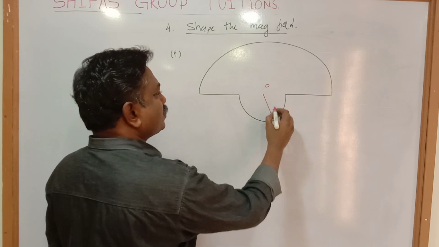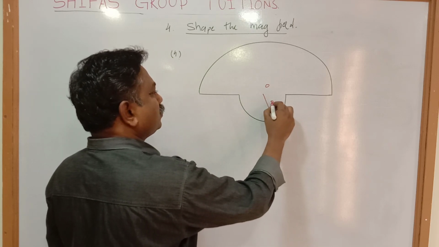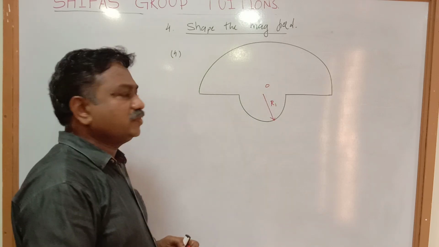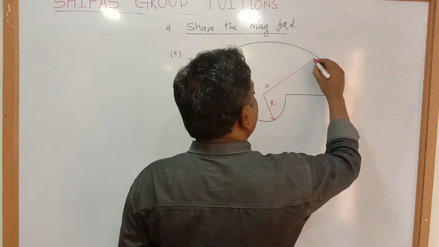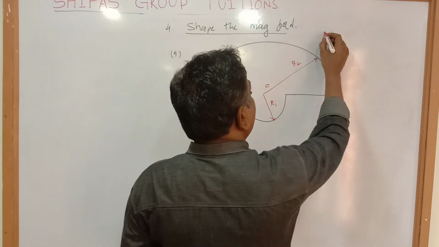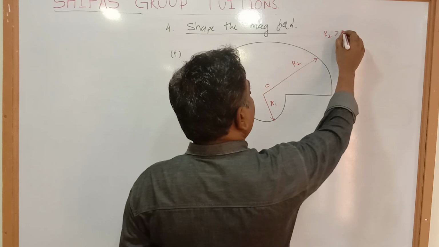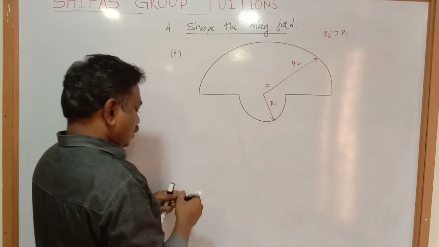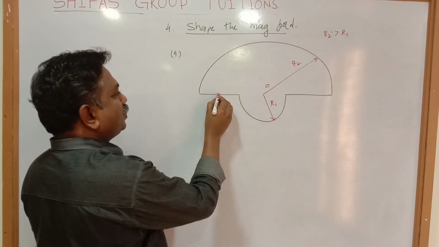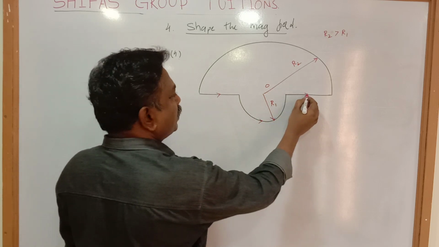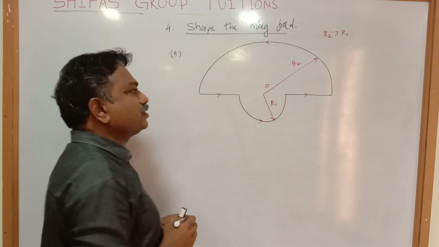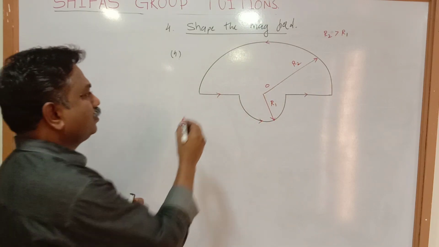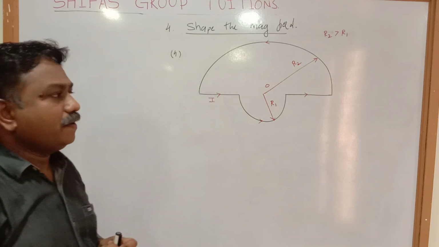Here the radius is R1, and here the radius is R2, and R2 is greater than R1. Now imagine that in this direction the current is passing, and the current is I.